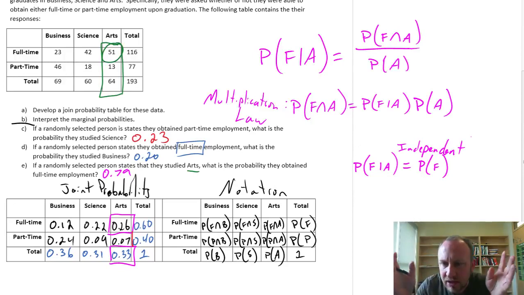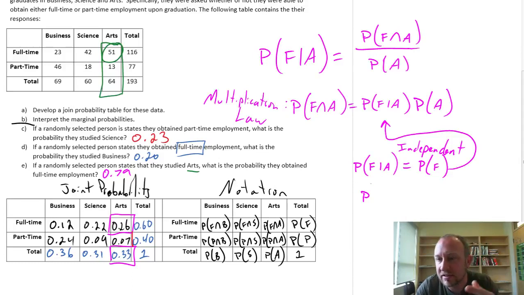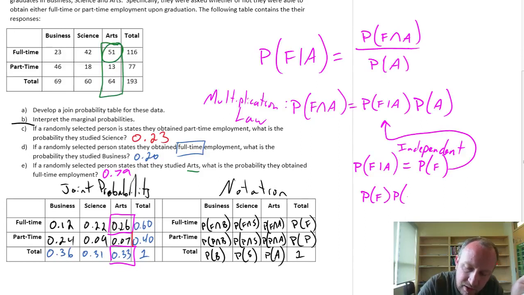So if two events are independent, I can just substitute this back in, and we'll find that the intersection of two events occurring at the same time is equal to the product of their two probabilities.